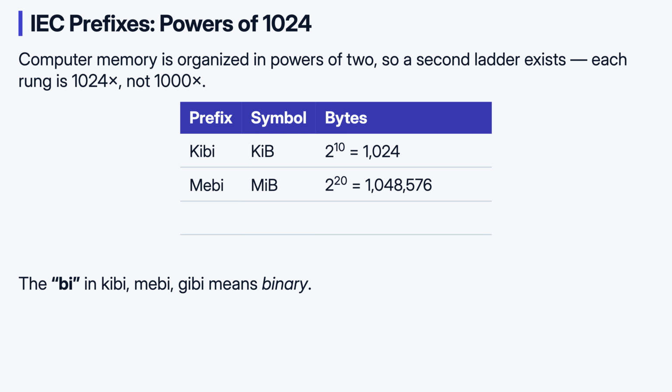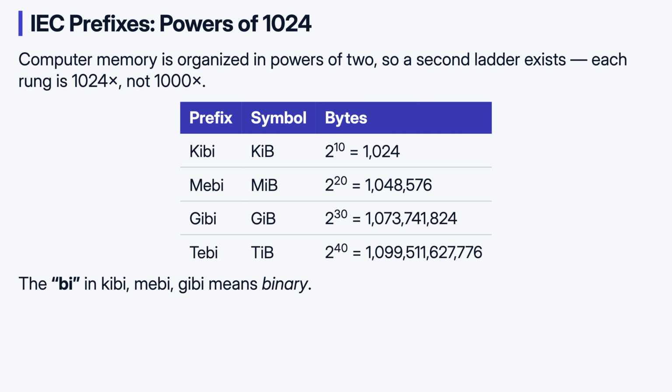A mebibyte is about 1 million bytes. A gibibyte is about 1 billion bytes. A tebibyte is about 1 trillion bytes. The letters B, I in kibi, mebi and gibi stand for binary. These names look strange at first, but they exist to remove a real confusion.